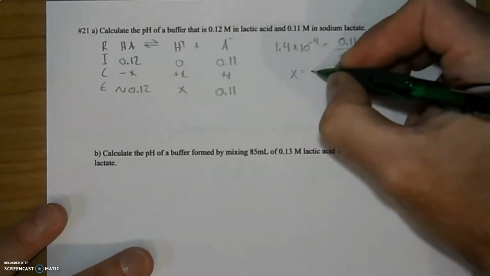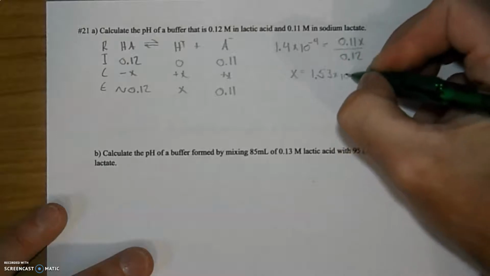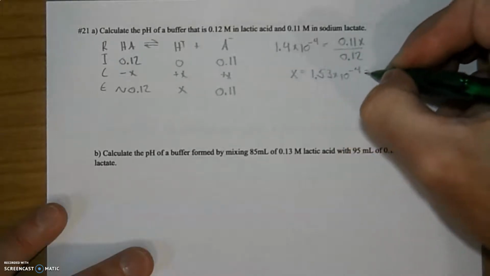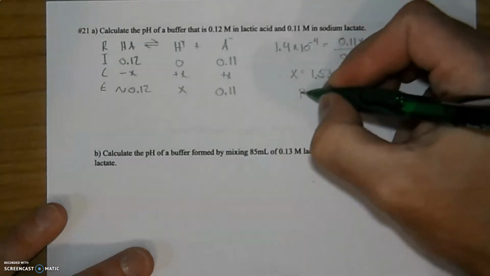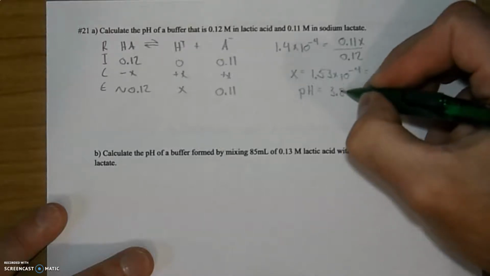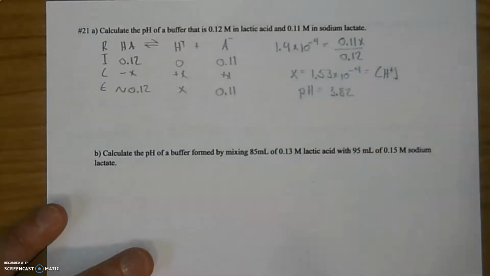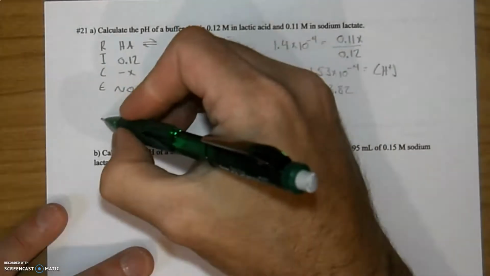X is 1.53 times 10 to the -4. That is equal to the hydrogen ion concentration. Do negative log of that value, and you get 3.82. Very good. Fantastic. Now let's try it using the Henderson-Hasselbalch equation.